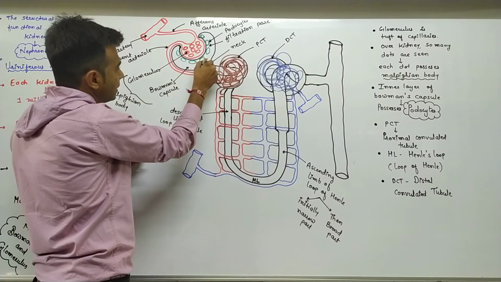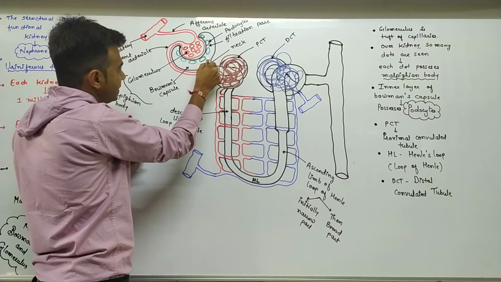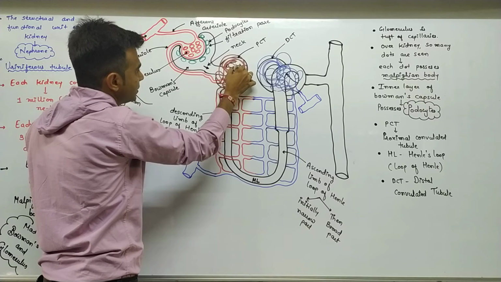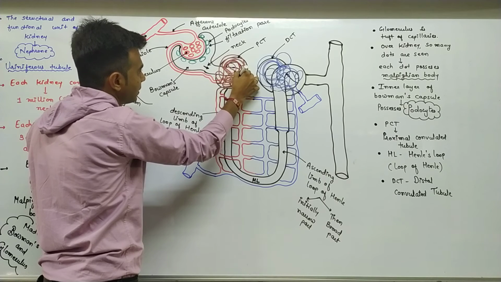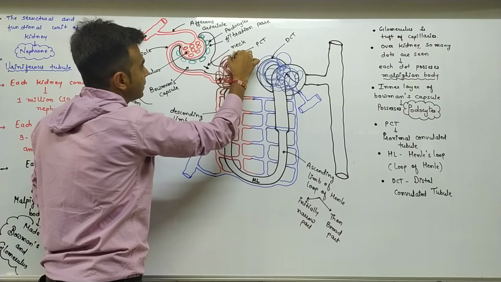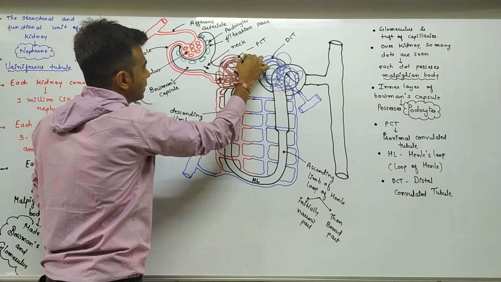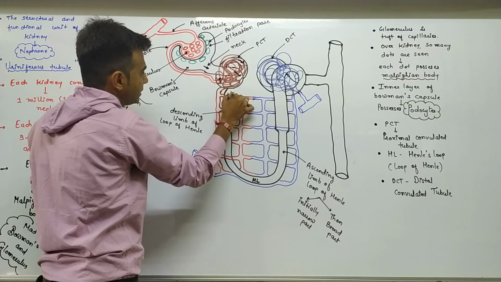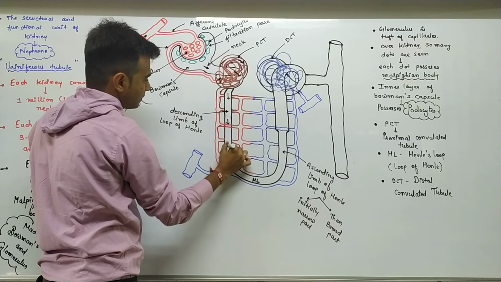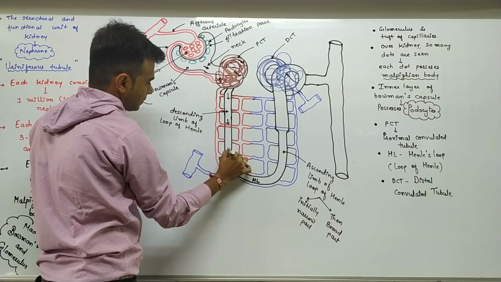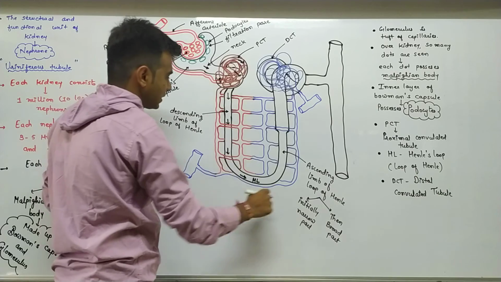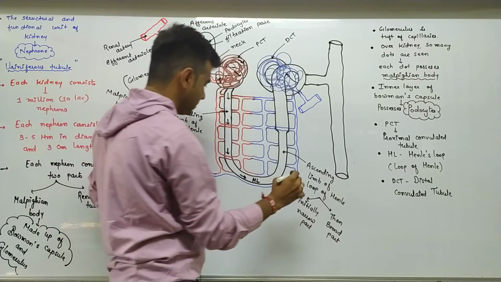So I can tell you in this way that the filtrate passes from here to here to here. Consider only black color there.